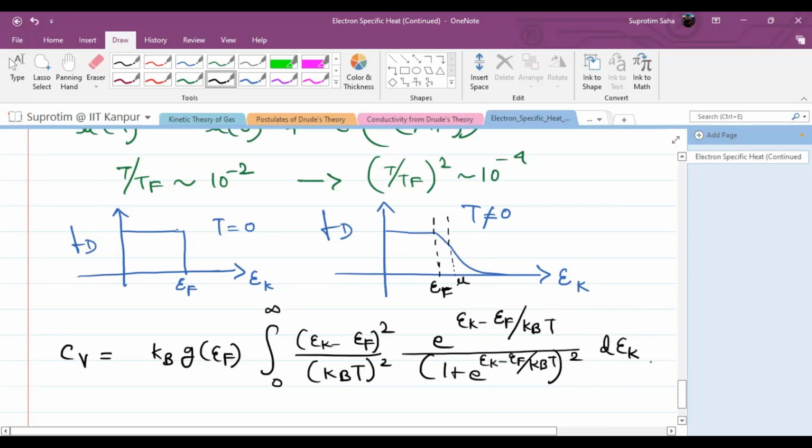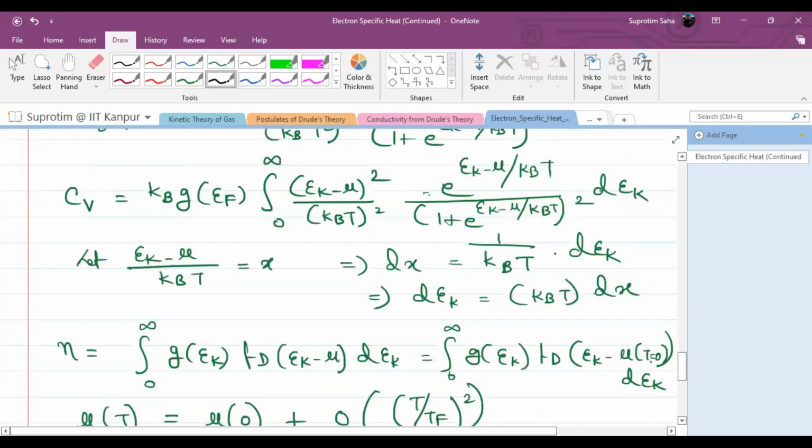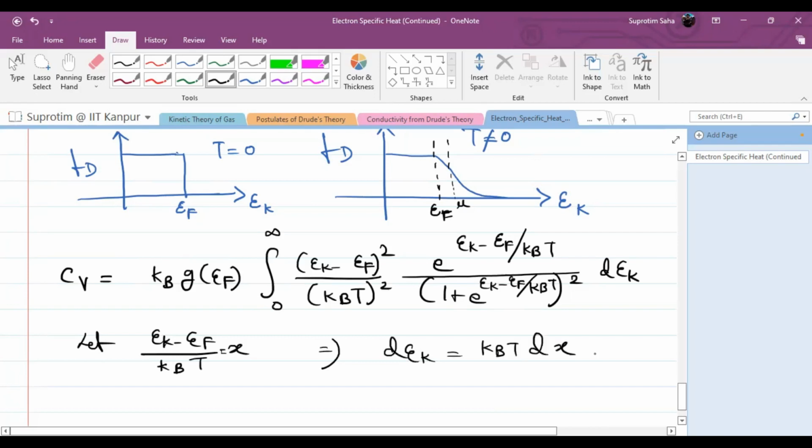We already did the substitution with E_k minus mu as x. So now, in place of mu, just put E_F and employ the same substitution. Let (E_k minus E_F) by k_B T be x, implying dE_k is k_B T dx.